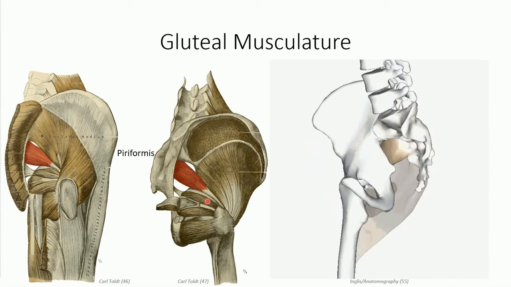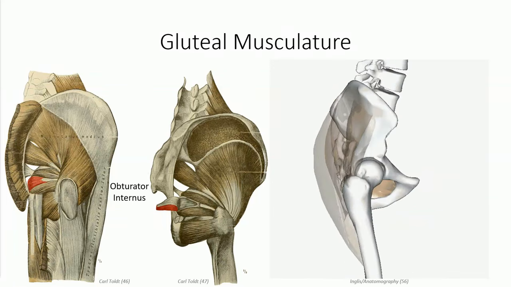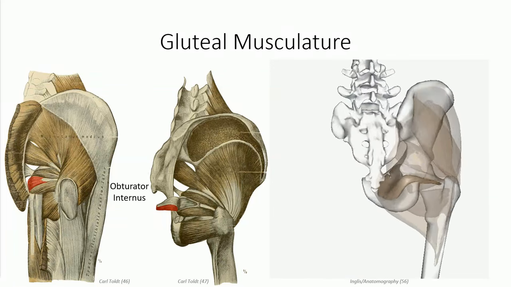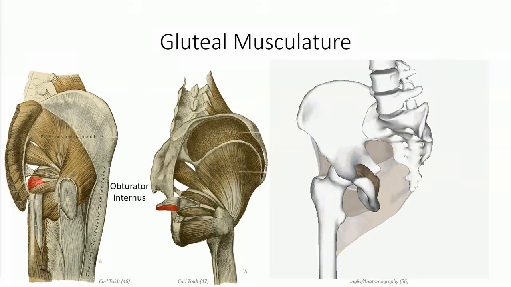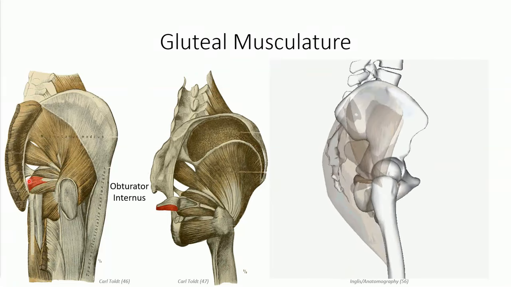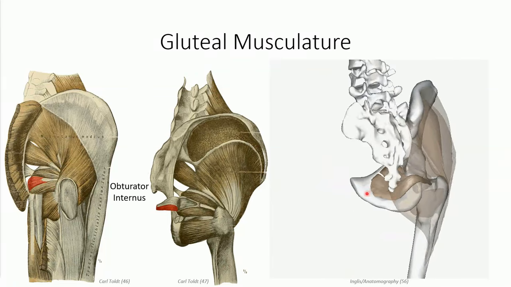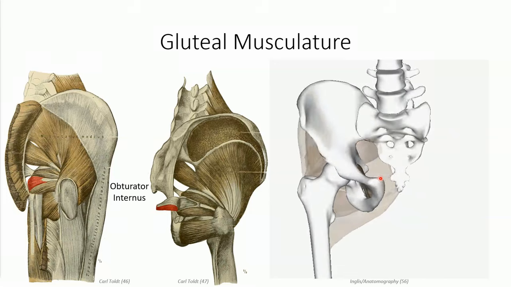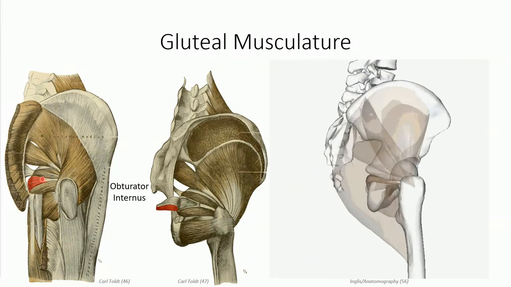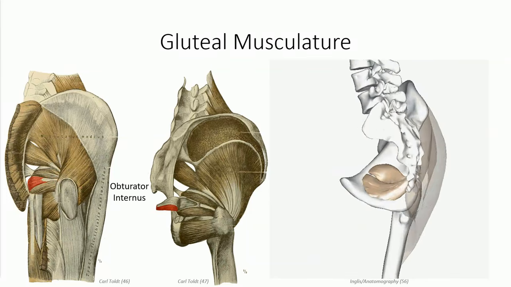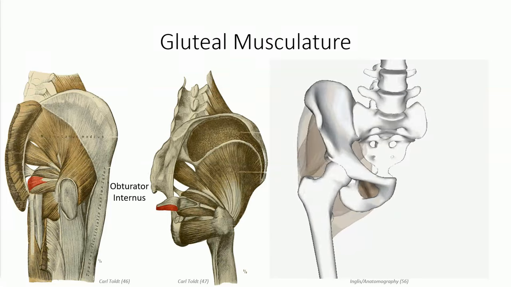We can now look at the deeper muscles in the gluteal region. First is the obturator internus, which, as the name implies, originates off the internal surface of the obturator foramen and membrane. The muscle winds posteriorly and takes a 90-degree turn to project laterally to insert on the trochanteric fossa along with the obturator externus.